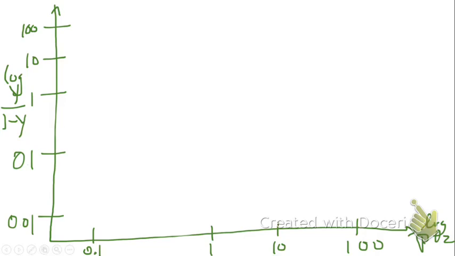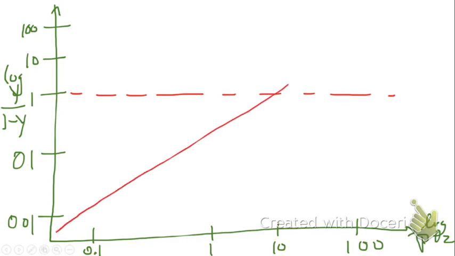Instead of a straight line, like what we saw with myoglobin, I'm going to draw this line at 1 to explain what it is. Remember, with myoglobin the n was 1, so it's a straight line where n equals 1.